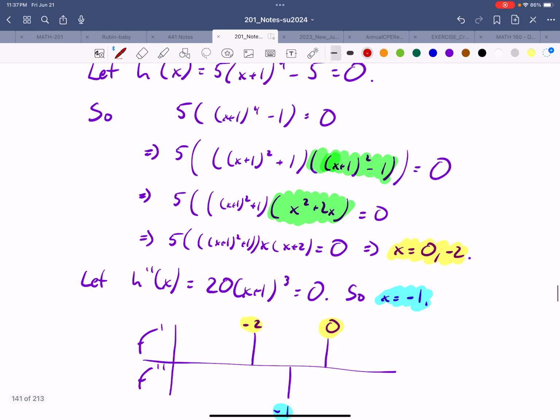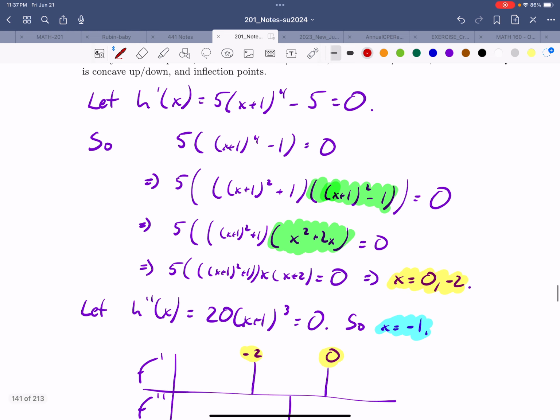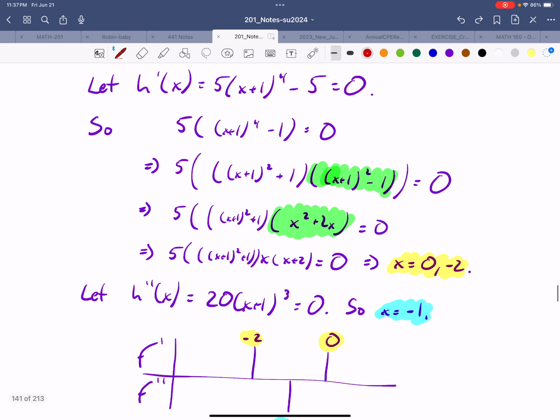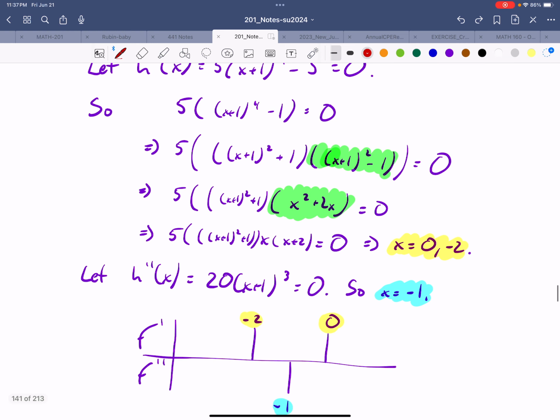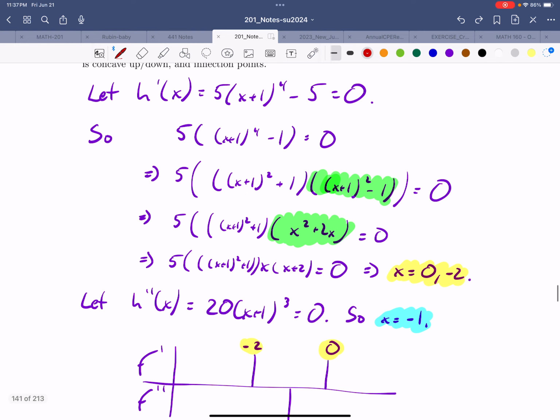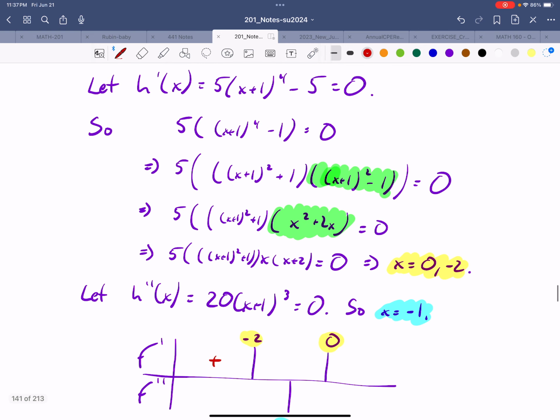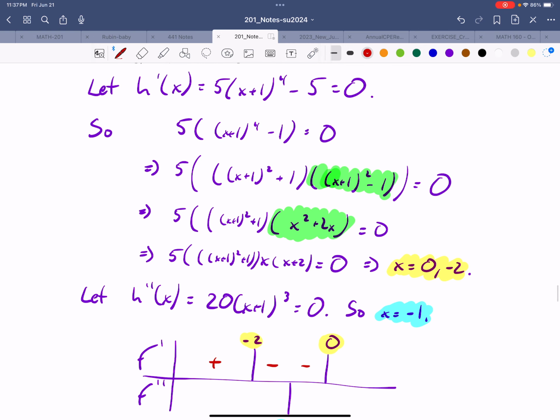So let's see. When you plug things in, we plug things into h prime. Now, it's probably best to plug it into here before we start simplifying everything. If you plug in a number like, I don't know, negative 5 or something, you can see that we're going to get a big positive number. Plug in a number like negative 1, you can see we'll get a negative number, and plug in a big positive number, even just like 1, we'll get positive.